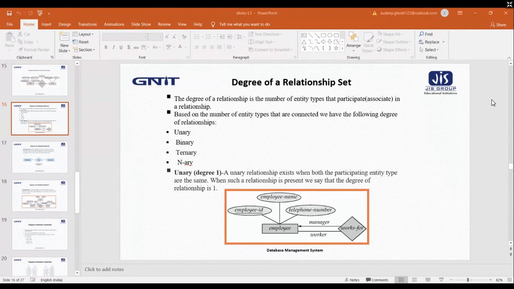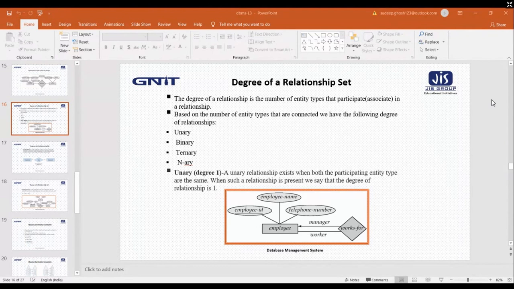But if it is one to many, that means one customer has a number of loan accounts. In a one to many relationship, a loan is associated with at most one customer, but a customer is associated with several loans.